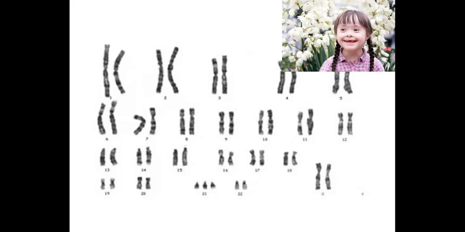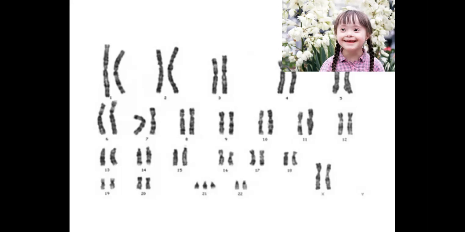Okay, it also shows us the genetic disorder of Down syndrome. So someone with Down syndrome, also called trisomy 21, means that there is an extra chromosome on the 21st pair. Okay, so that is Down syndrome, and Down syndrome is the big one that you need to know.